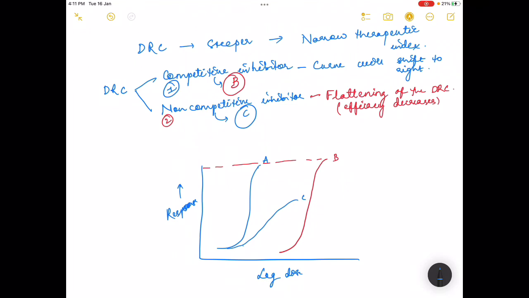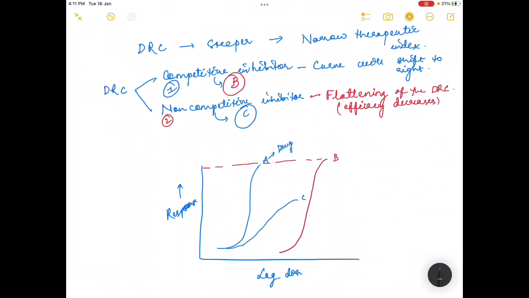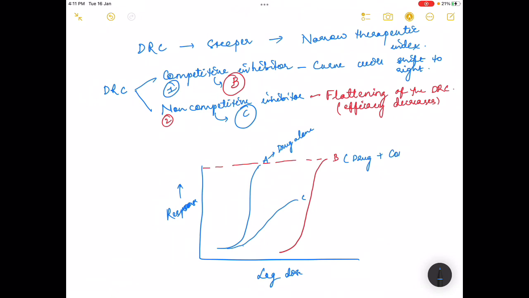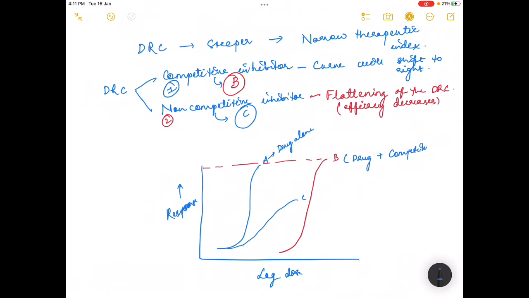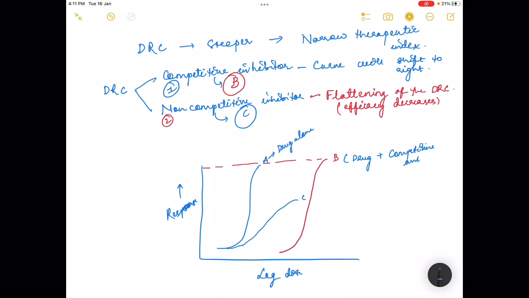Okay. A is when the drug is given alone. B, drug plus competitive antagonist, and C is drug with non-competitive antagonist.